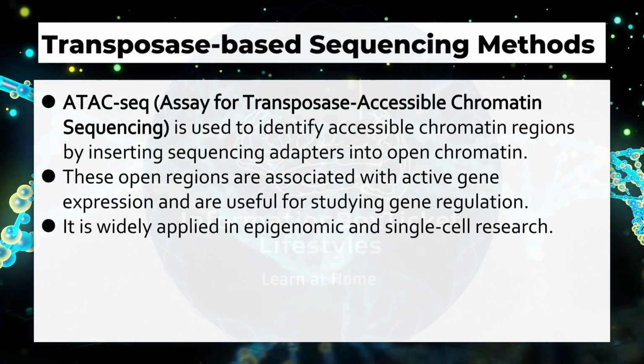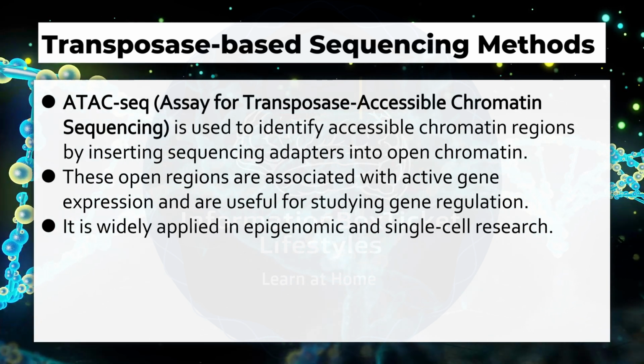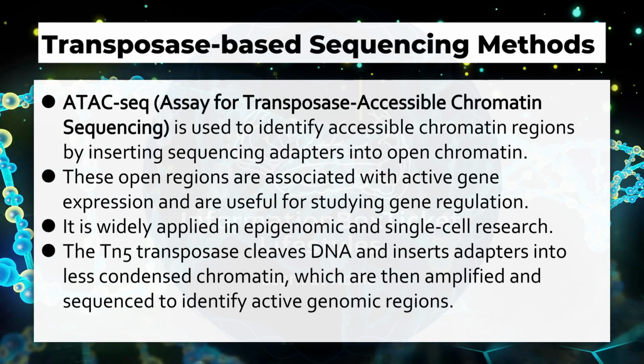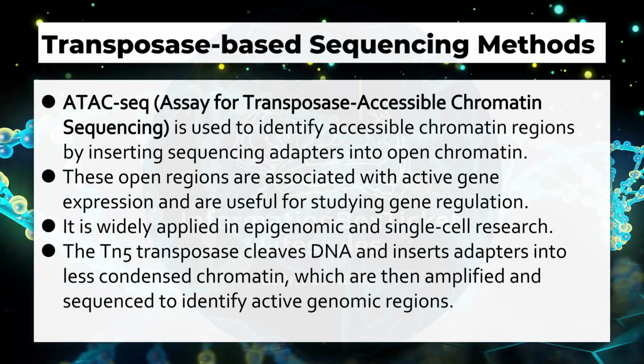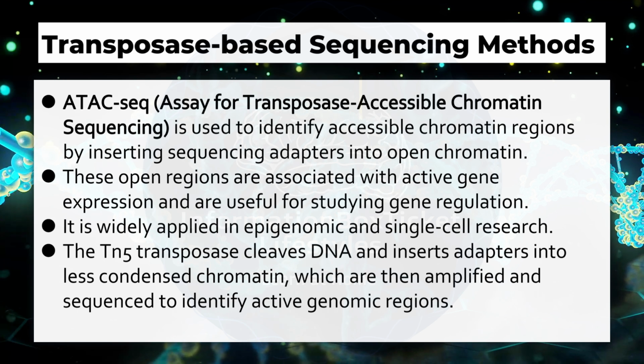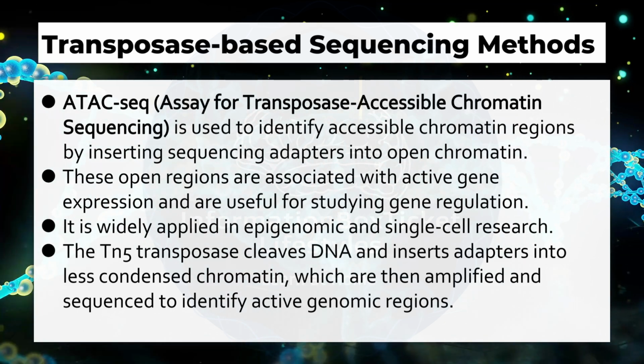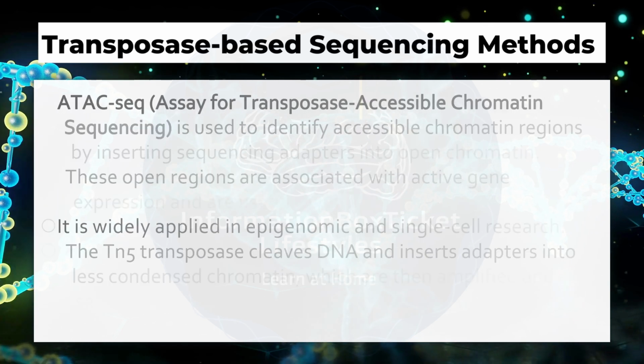It is widely applied in epigenomic and single-cell research. The Tn5 transposase cleaves DNA and inserts adapters into less condensed chromatin, which are then amplified and sequenced to identify active genomic regions.